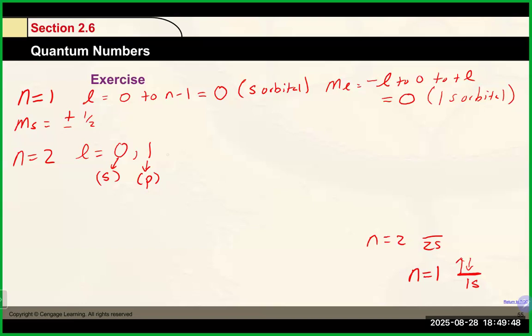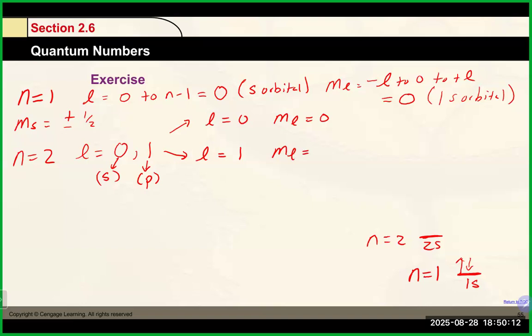Now, for each of these L values, where we have L equal to 0, we could do an m sub L like we did above. So our m sub L is 0, which means we will only have our one s orbital at this point. I could also do my L value here of 1. What would my m sub L be for that?